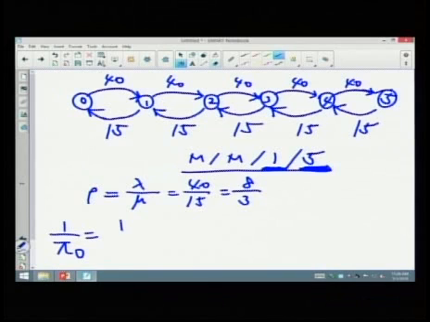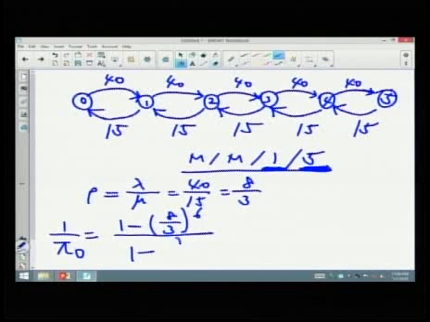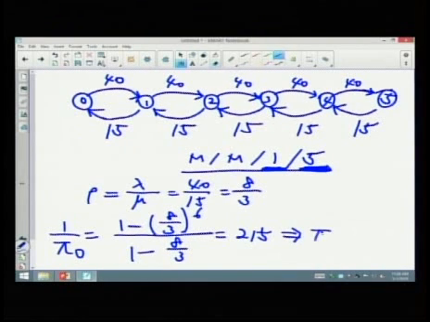Using the formula, it can be obtained by 8 over 3 to the 6th power divided by 1 minus 8 over 3. That's going to be 215, okay, from my previous computation. So this indicates that pi 0 is 1 over 215, okay?